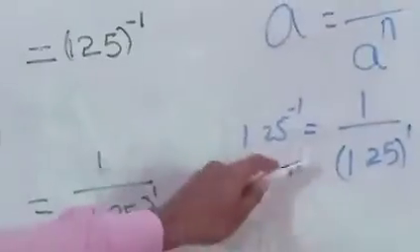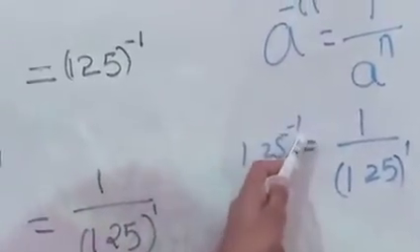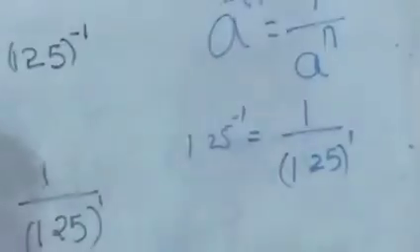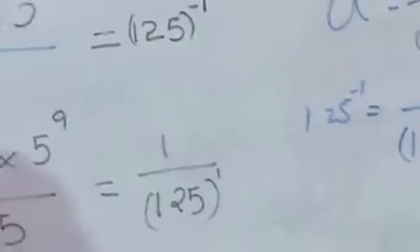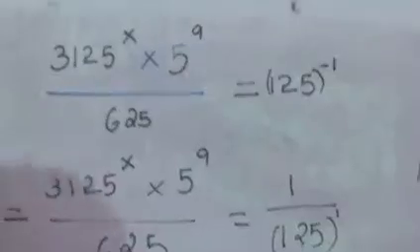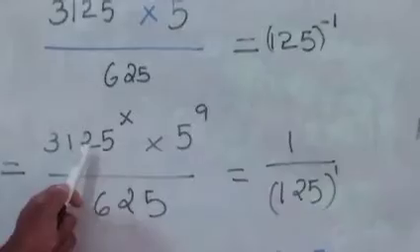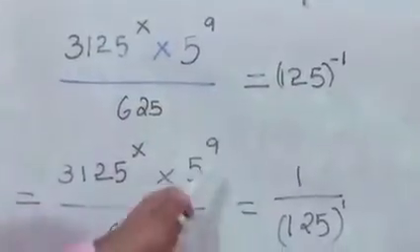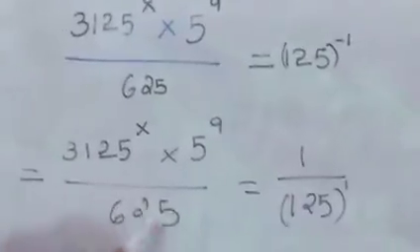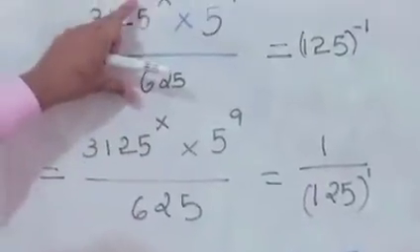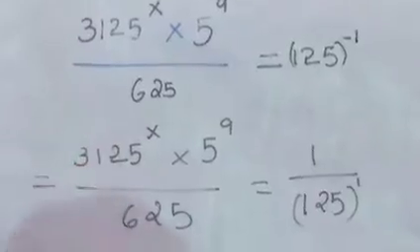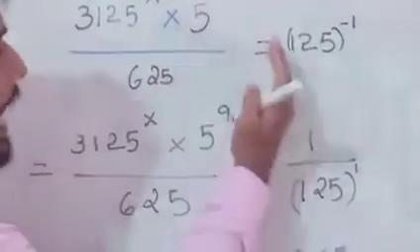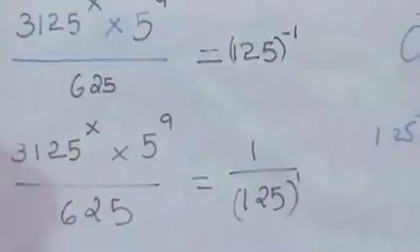So the next step, I am going to write it like this. 3125 raised to the power x into 5 raised to the power 9 divided by 625, this is the left hand side, and that side is the right hand side.